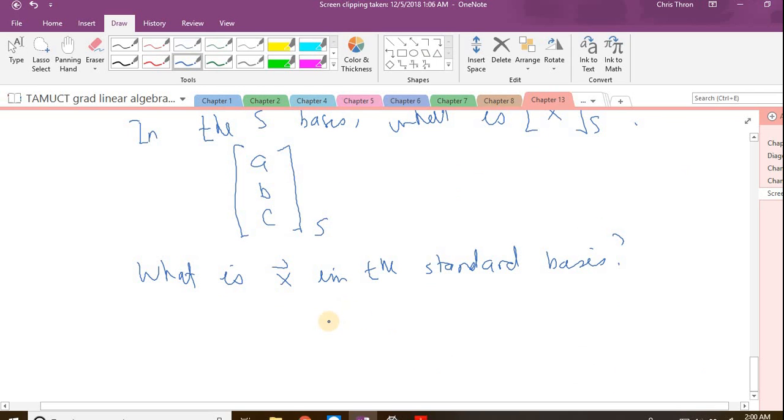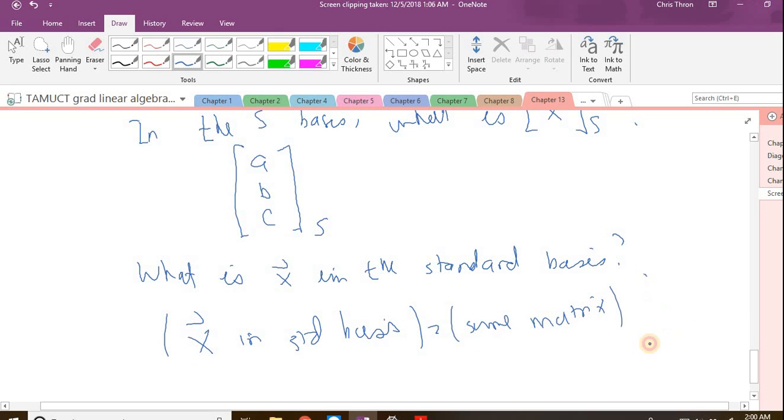Well, the point is that x in the standard basis is equal to some matrix times this ABC. And this some matrix is the change of basis. Okay.